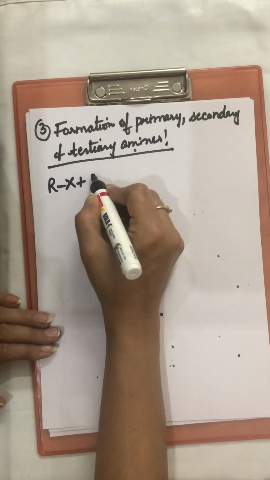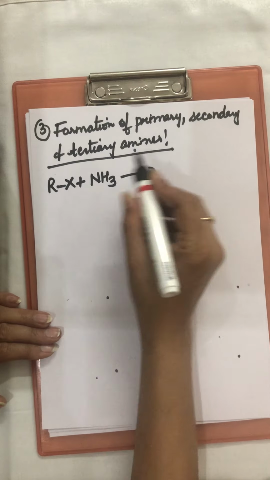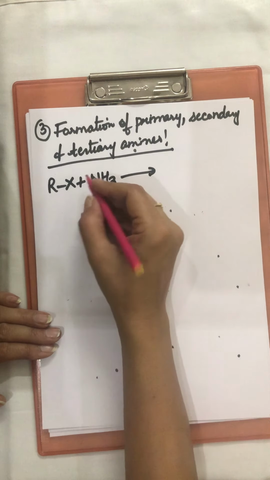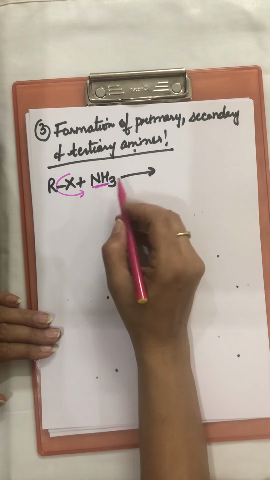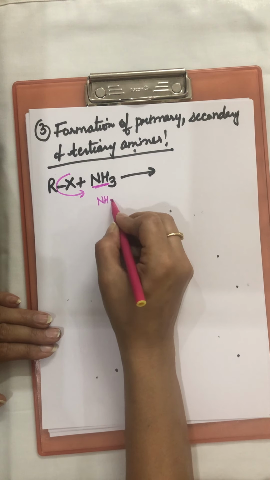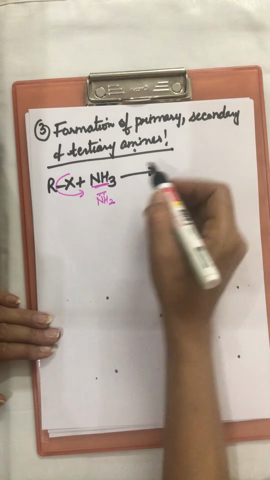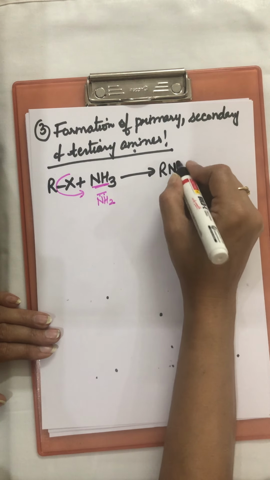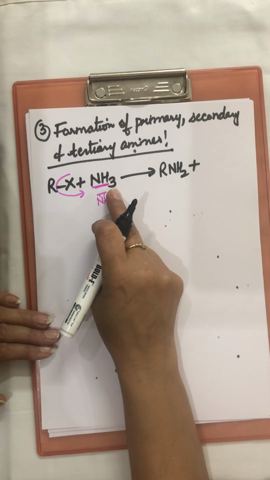Haloalkanes, when reacted with ammonia, this X comes out from here and here the nucleophile is NH2. This is a nucleophile. So this nucleophile will come in place of X. We get RNH2. After removal of NH2, one H is left here.